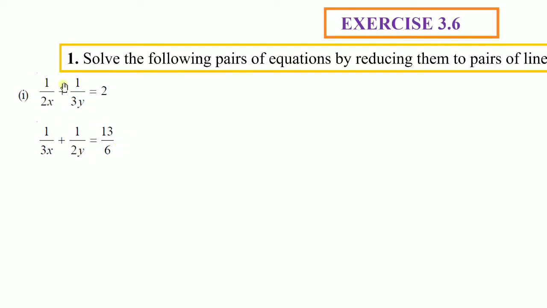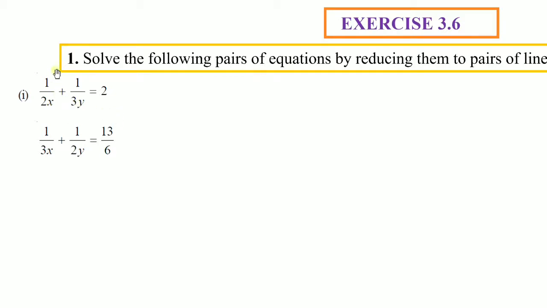If we substitute these variables with certain other variables and then solve, these equations are convertible to a pair of linear equations in two variables. So let us go for the solution.